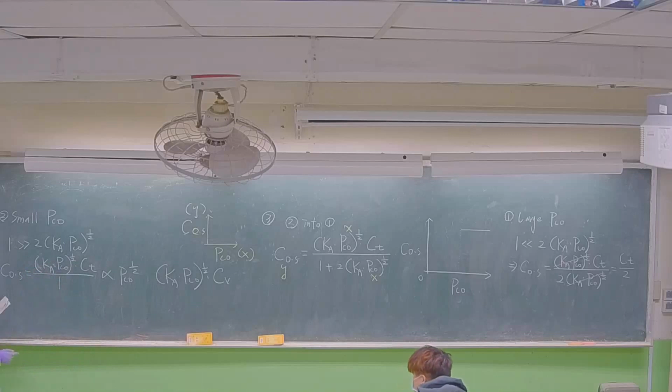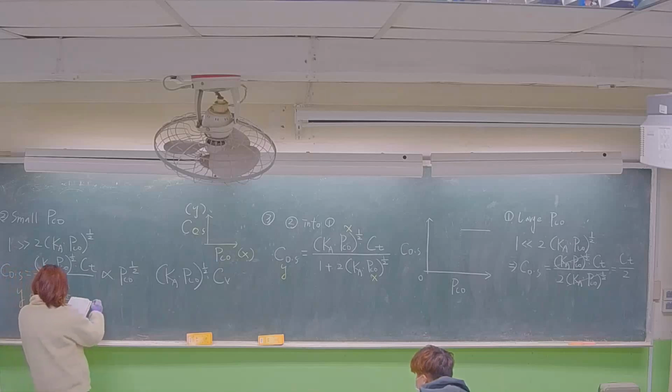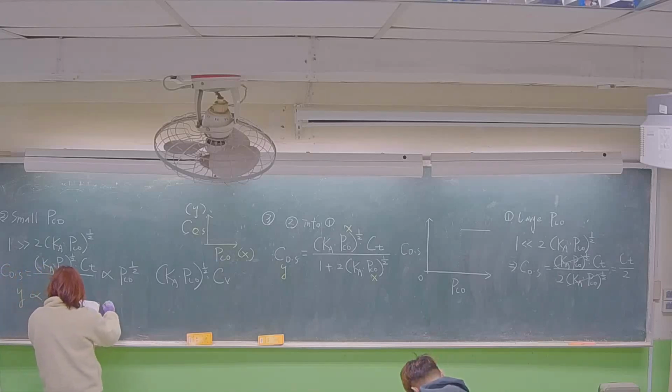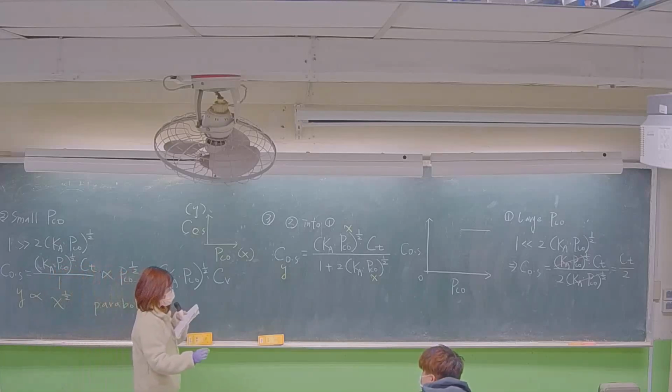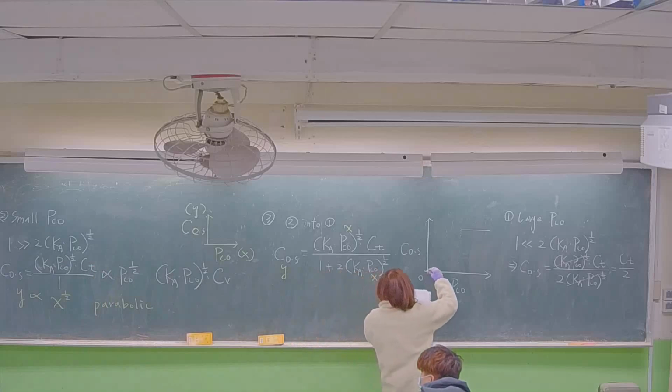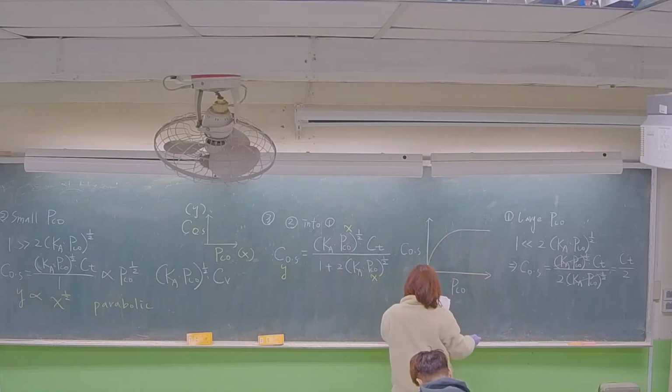So do you know what is the curve for this one? If y is proportional to the square root of x, what is the curve? Do you know? It is parabolic. So it is like this one.